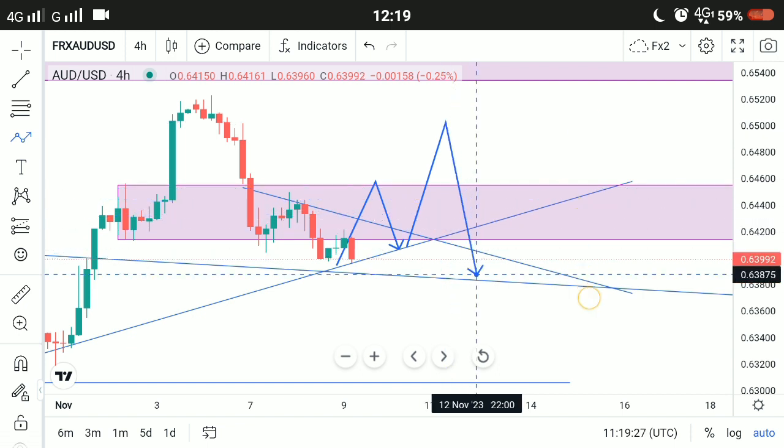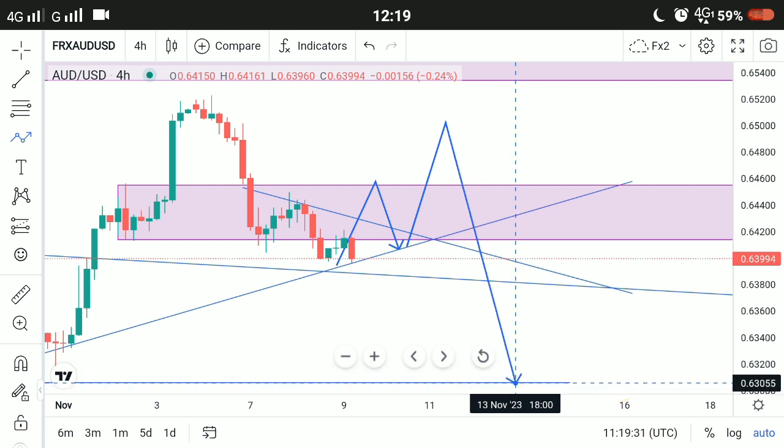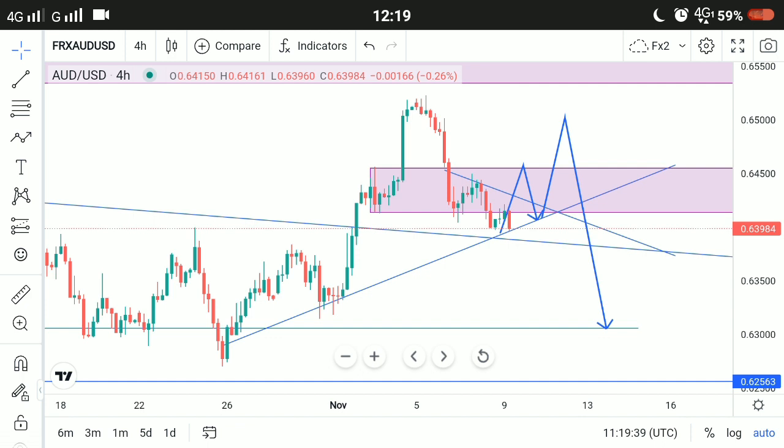Price will now drop. This pullback is like the continuation of this trend line. We have a trend before this, and price is going to continue. It's like a trap for buyers.